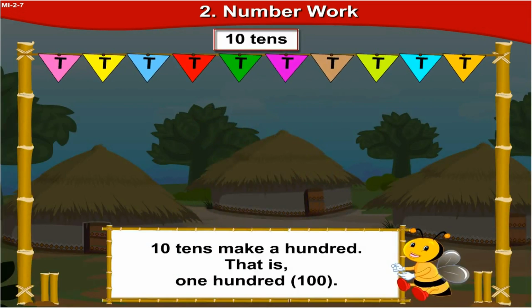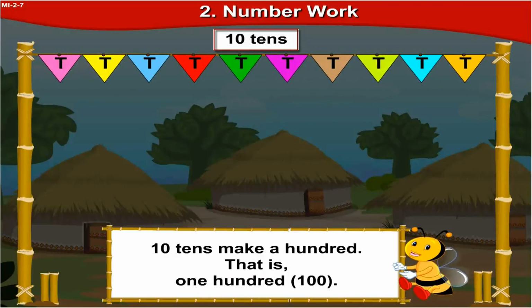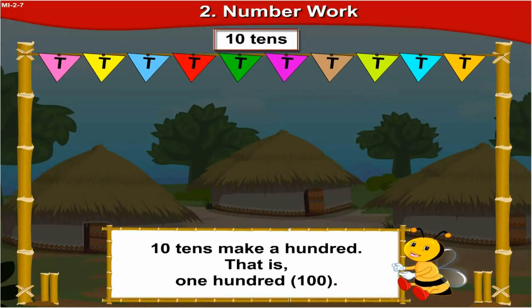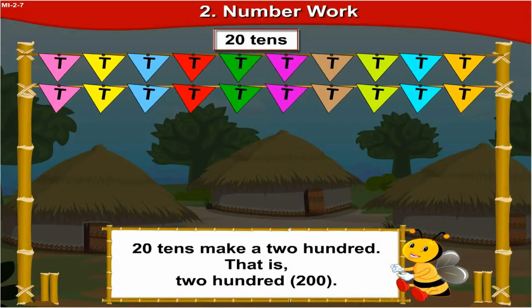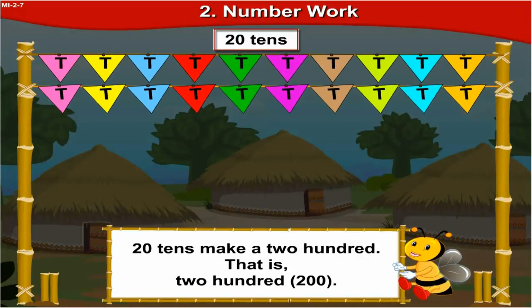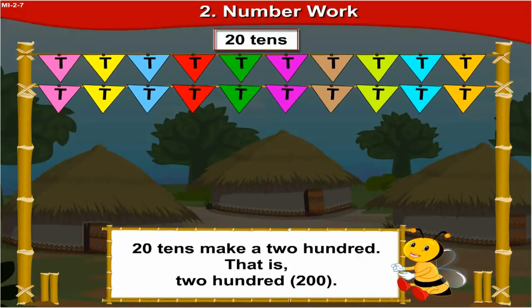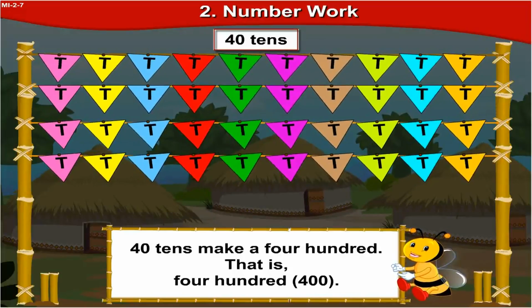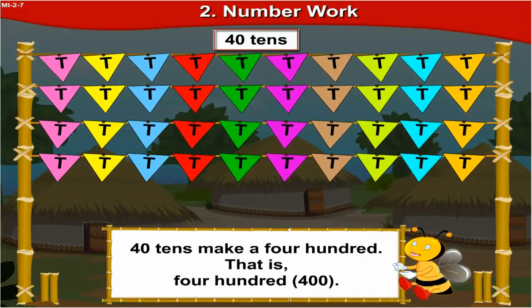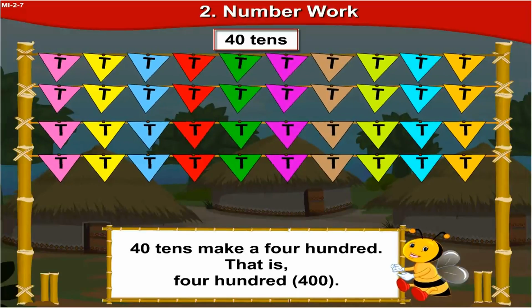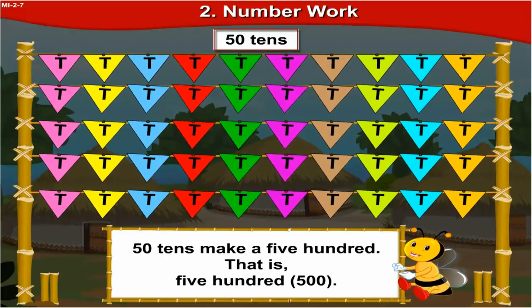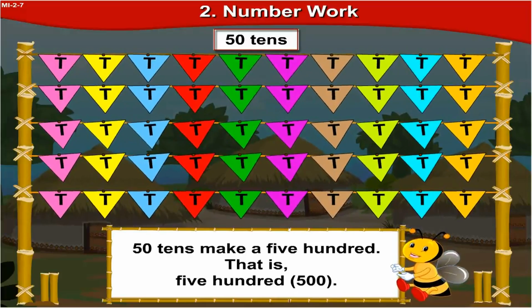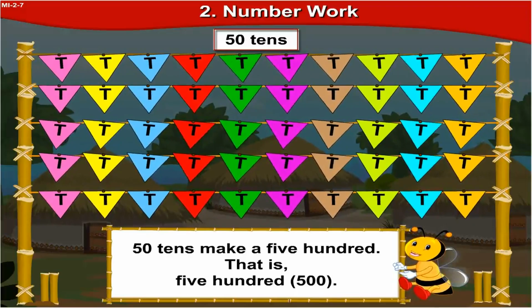Now 10 tens make 100. 20 tens make 200. 40 tens make 400. 50 tens make 500.